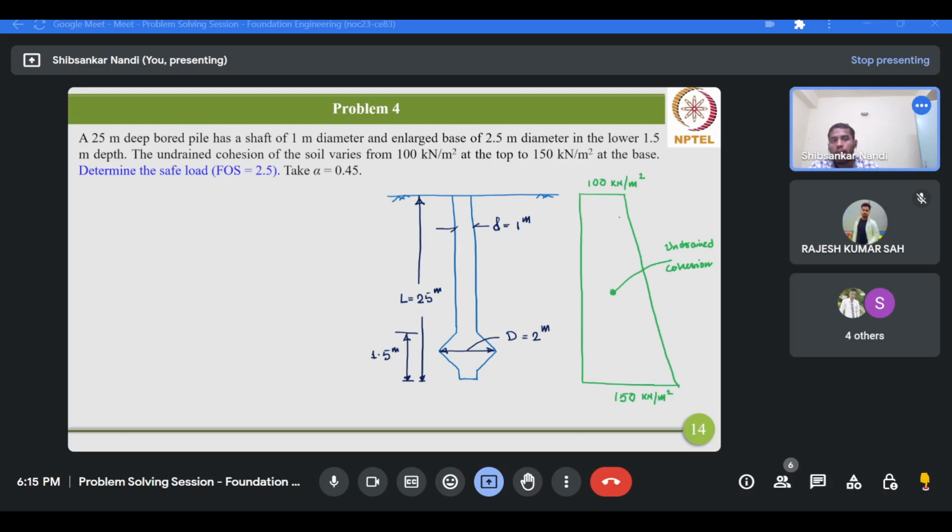However, here the undrained cohesion is varying between 100 kPa to 150 kPa from the pile top to the pile tip. Determine the safe load with a factor of safety of 2.5, and we have to take the adhesion factor as 0.45. So how to calculate this safe load for an underreamed pile?